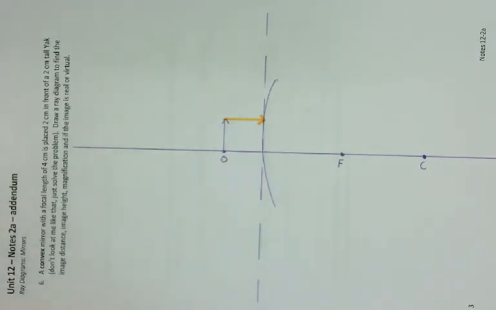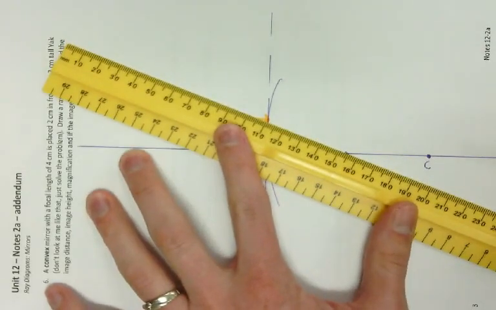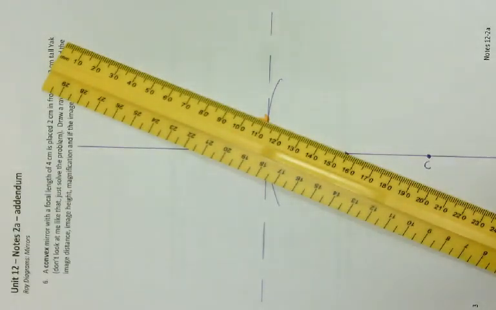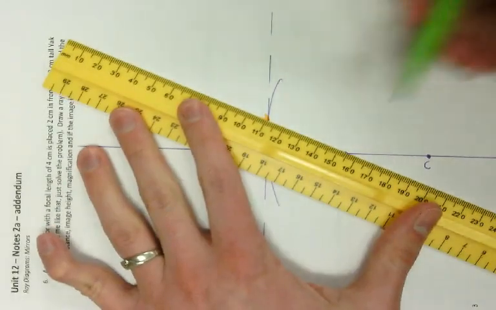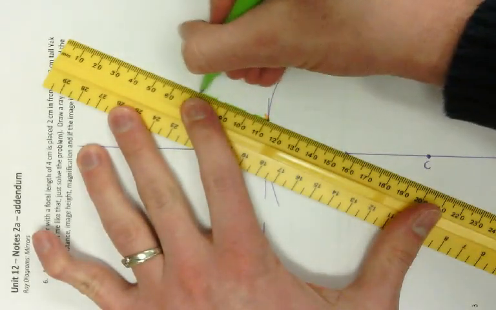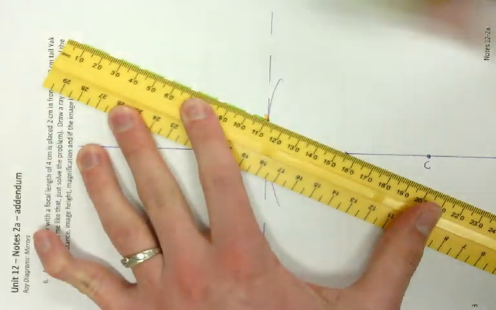But here's where we need to be careful. Does the light actually go to F? No. Good, you're correct. It does not actually go to F. So it's going to reflect back on the opposite side.